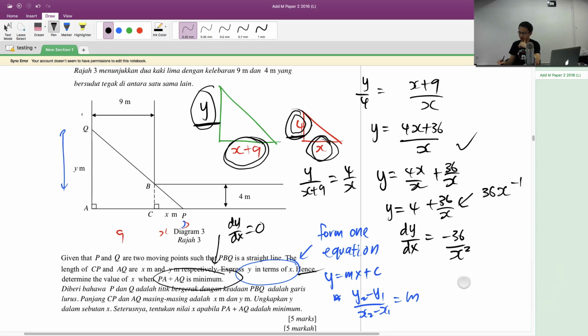Because if I differentiate this one and make it equal to 0, then I will get my x value as basically 0 or infinity. So I guess I messed up something.